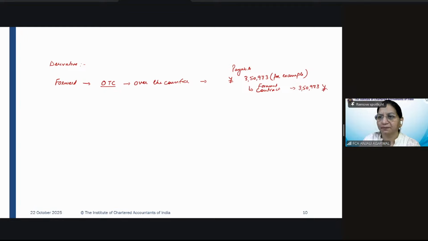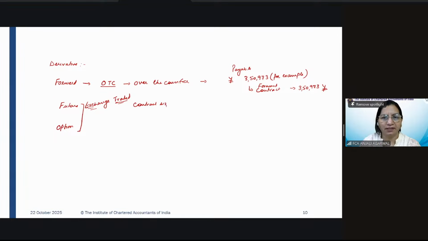But if you're looking for a future as a derivative or option, they are exchange traded. So you will not be able to have an exact cover for 3,50,973. So let's say there would be a contract size.